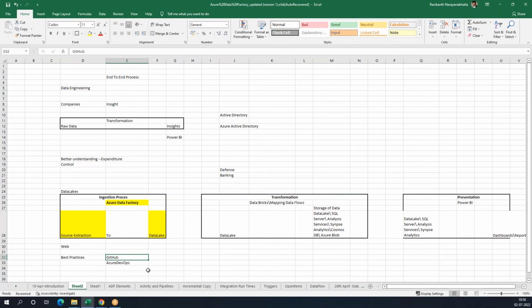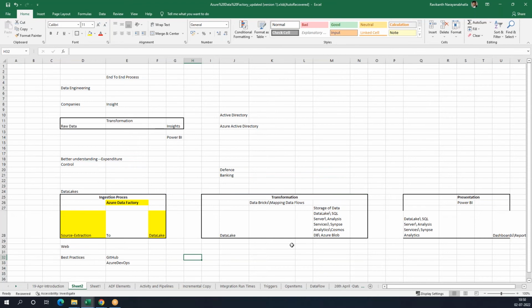And once this code repository is done, there should be a process where you have to understand how to deploy it, right? When I say Azure Data Factory or any other resource, it will have its own way of getting deployed.